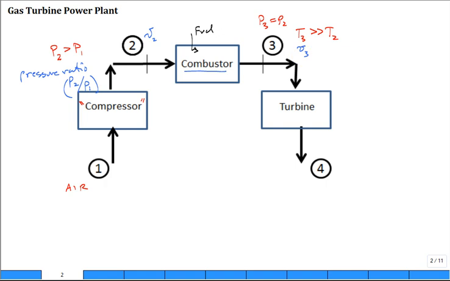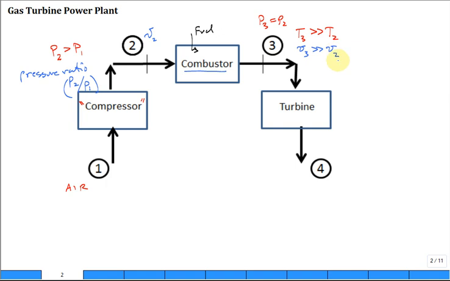It's much greater at 3, isn't it? The volume occupied by 1 kilogram of air at 3 is much greater. Why? Because it's spanking hot now. It's not a different pressure. It's a different temperature.